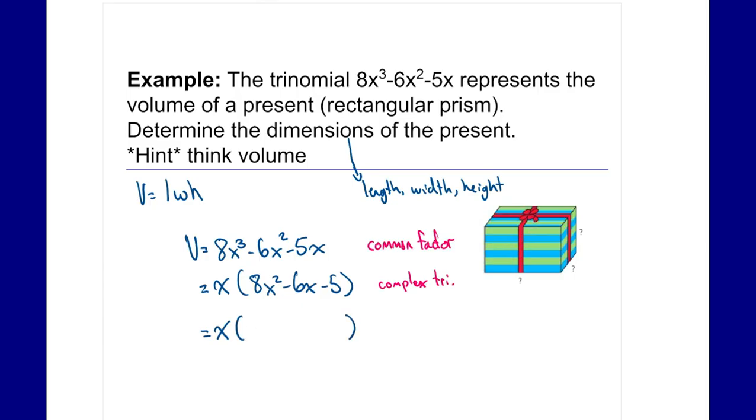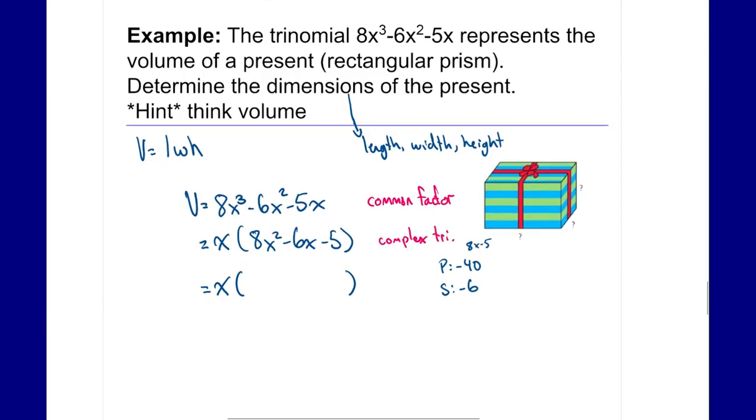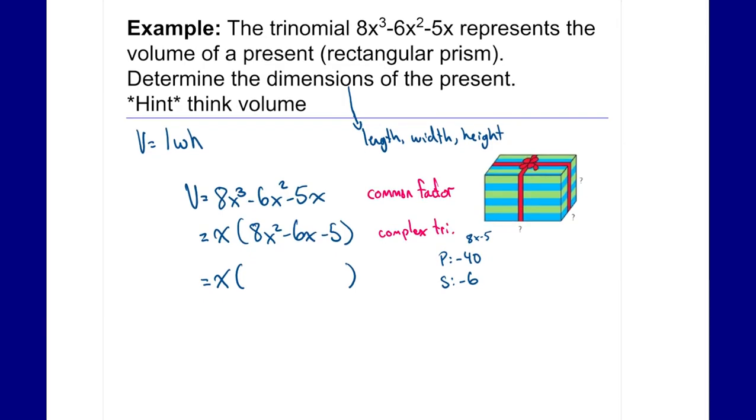If I do the product and sum for a complex trinomial, I'm looking for two numbers that multiply to -40, or 8 times -5, and add to -6. We should have -10 and +4.